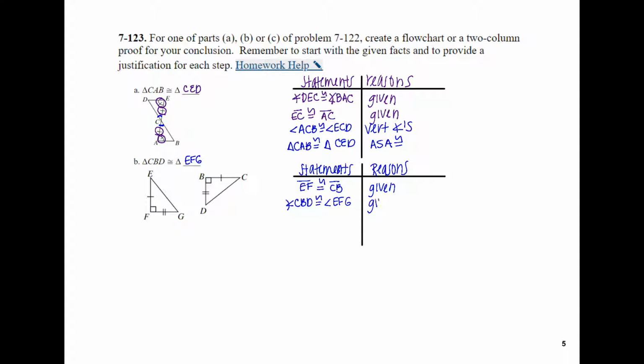They were both given, and then more specifically, they were given that they are right angles. And then we were also given that line segment FG is congruent to line segment BD. So based on all the given information, we can conclude that triangle CBD is congruent to triangle EFG based on side-angle-side congruency.